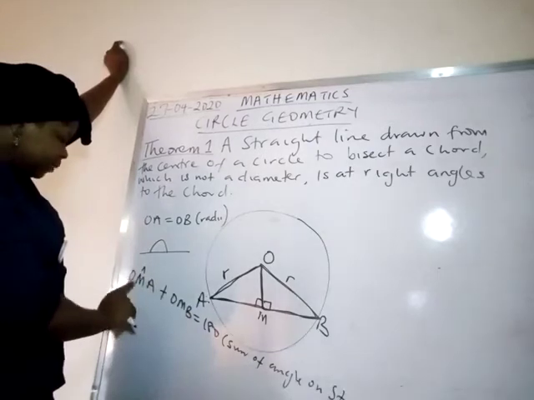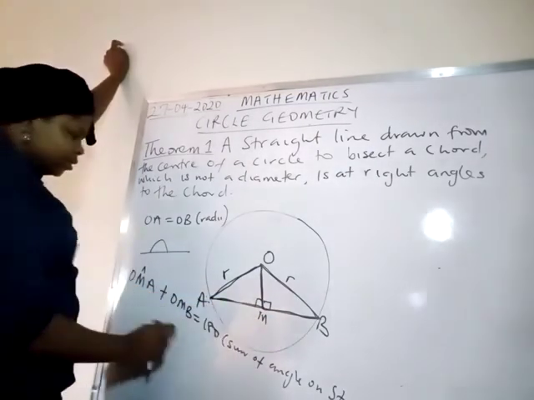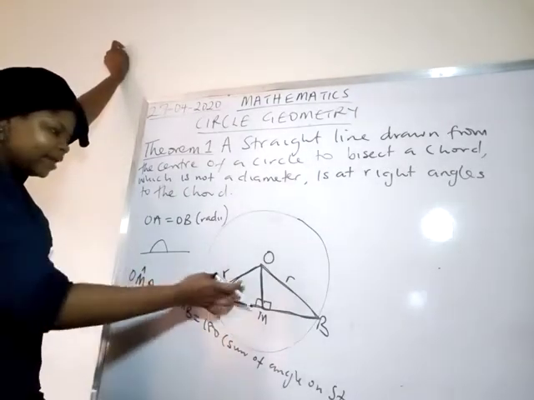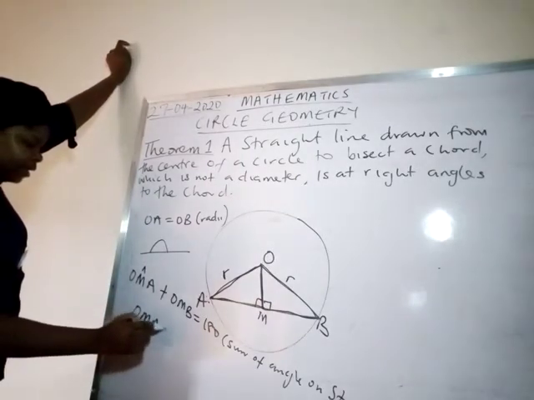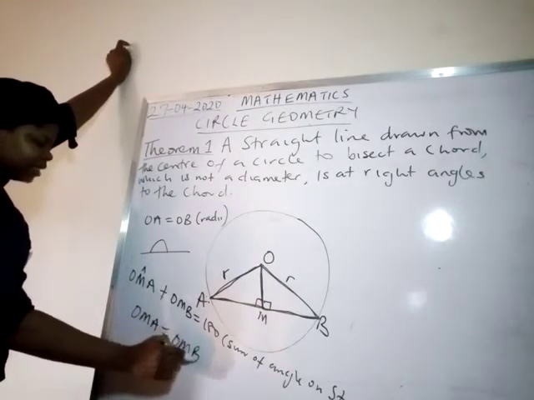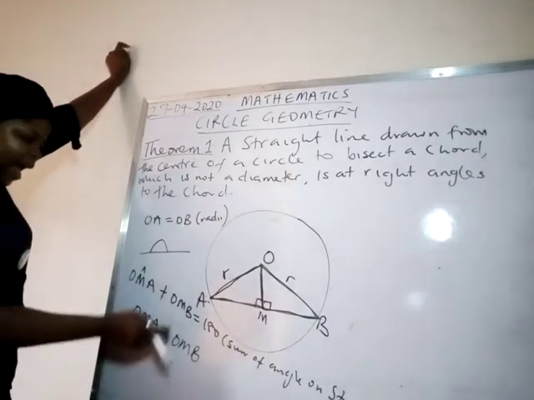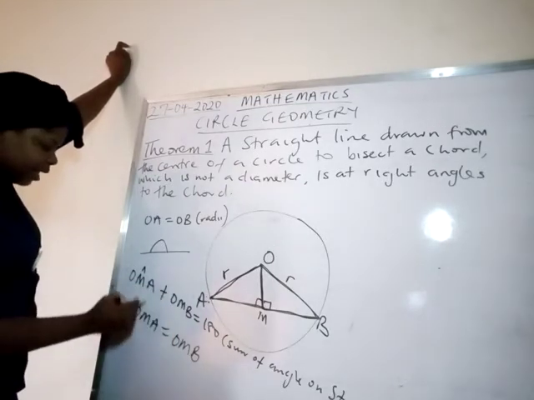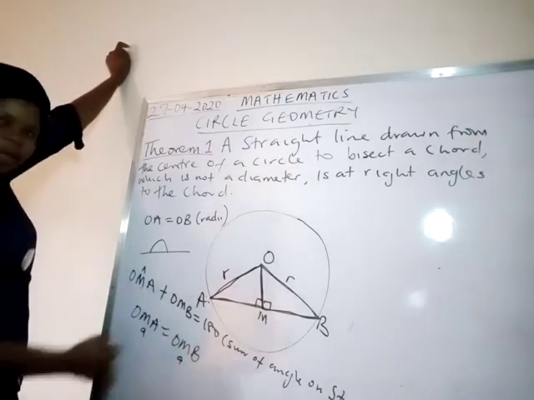So OMA and OMB are equal to 180 degrees. And as you can see from that diagram, it's telling me that OMA is the same thing as OMB. You can see the diagram is the same. So if they are the same, if let's say this is A and this is the same thing as A, you know A plus A is 2A.